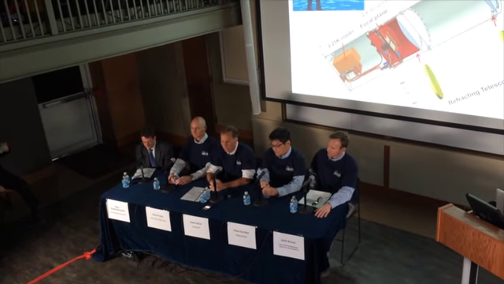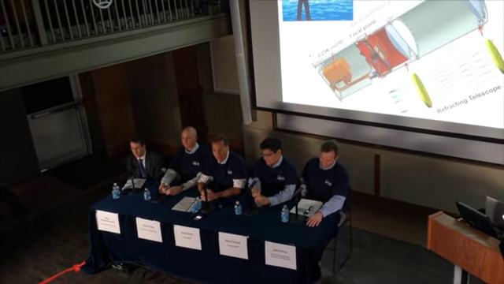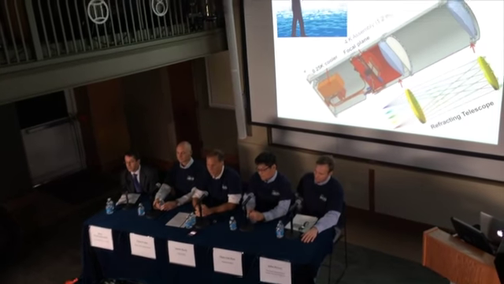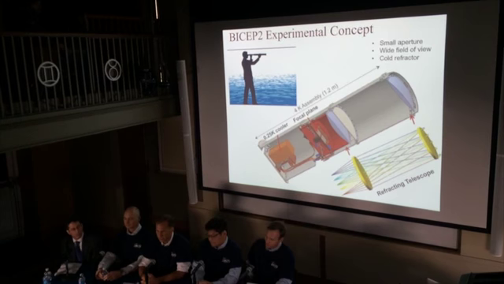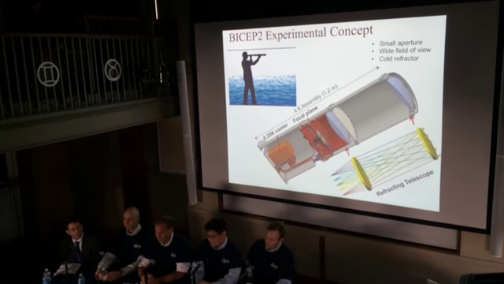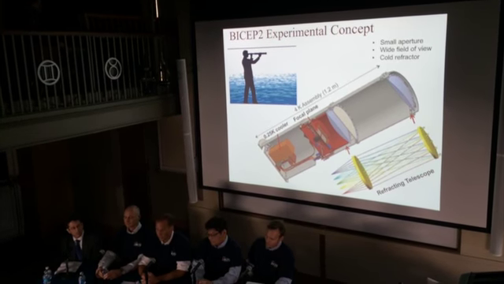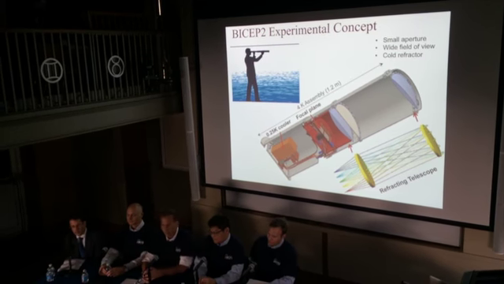So BICEP was invented in 2001 with a single goal in mind, and that was to make the deepest measurement technologically possible of an inflationary polarization signal in the microwave background.